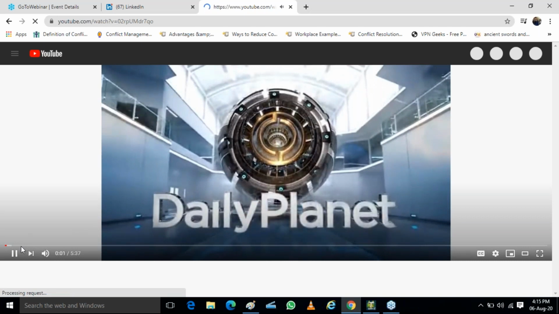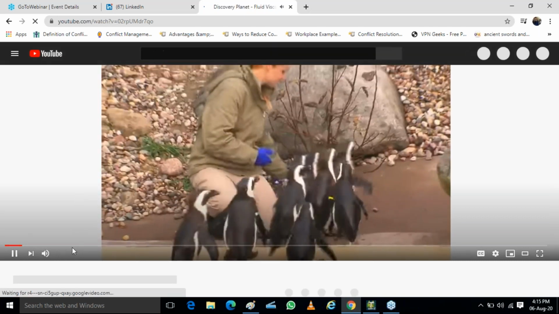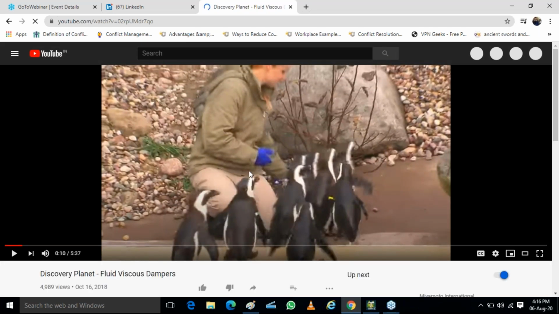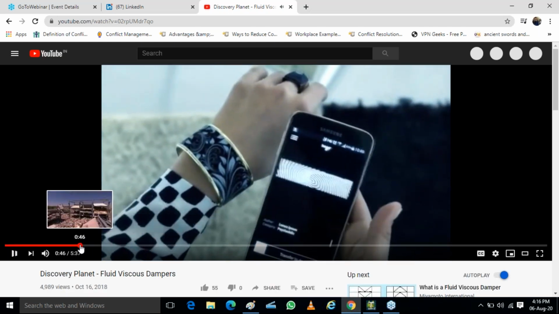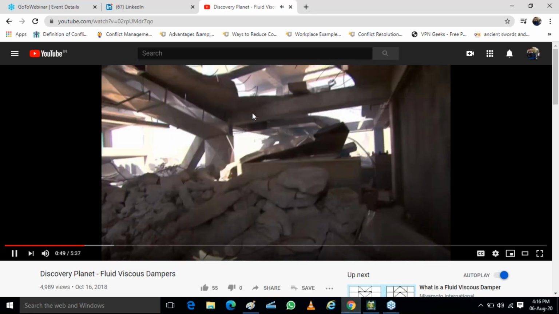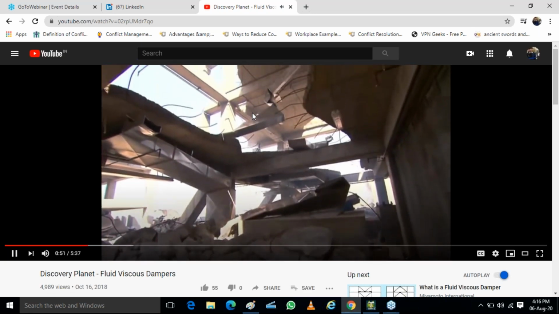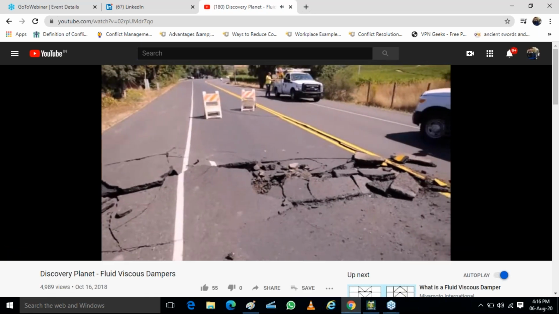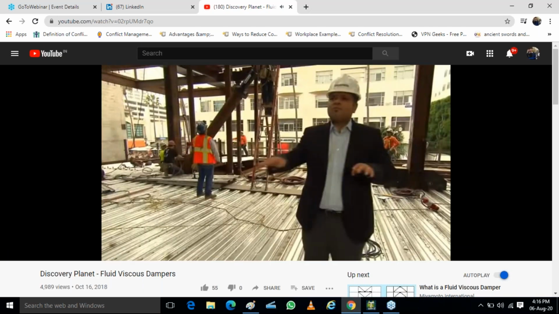What's for our Daily Planet today? You don't have a safe building, you don't have a building. When an earthquake happens, the ground is moving and it has all these waves, and the ground can be shaking in any direction. So we have to make sure the system that we have can take the forces hitting it from any direction.